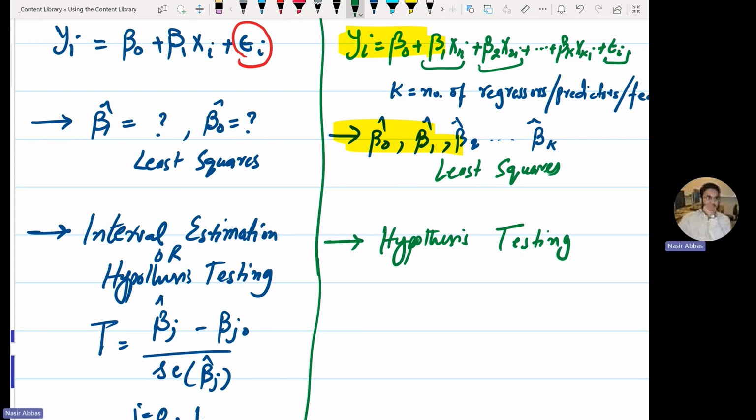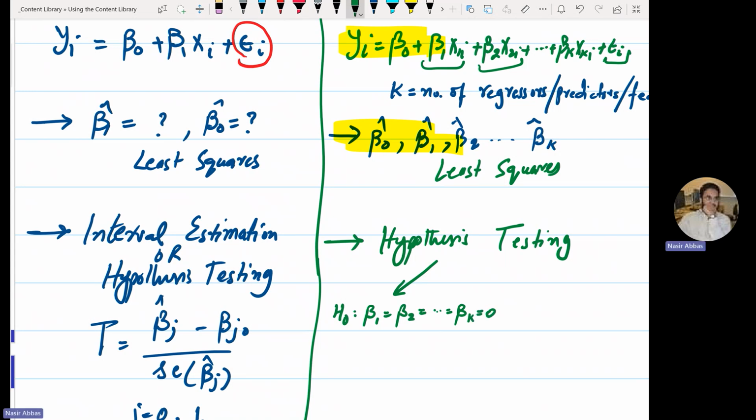One of the hypotheses will be that all the slopes are 0.